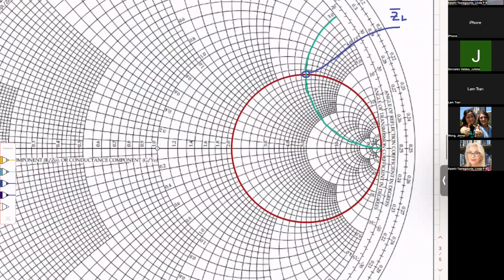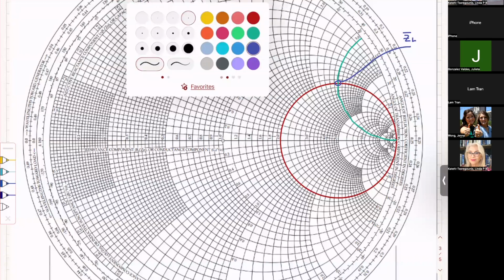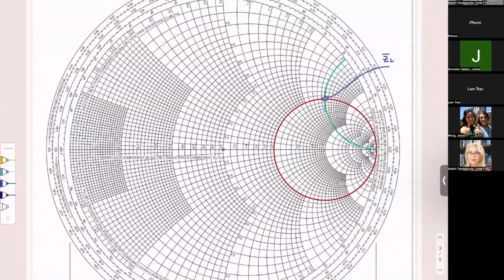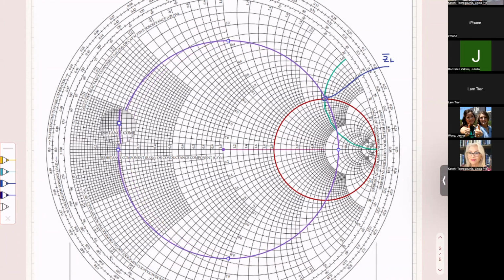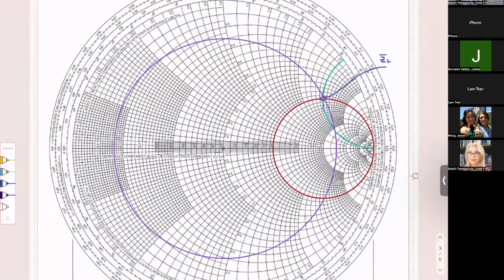Now, to find the admittance, I'm drawing the circle that is called the constant VSWR circle, and is the one that has as a center the center of the Smith chart, and it goes through this point. Let me just draw it. By moving on this circle, practically you move along the transmission line, approximately.